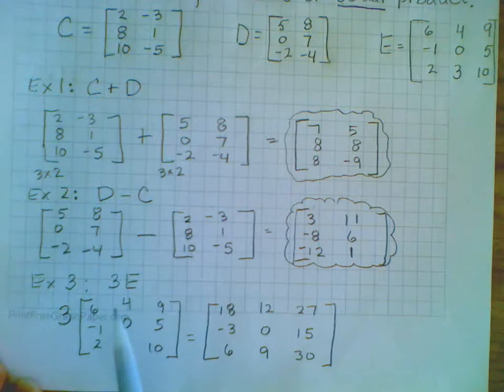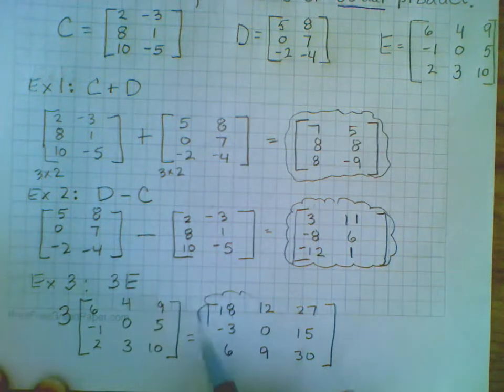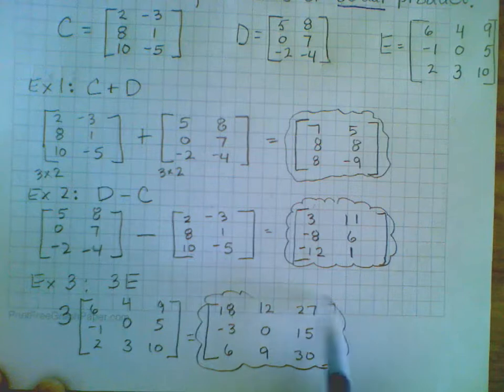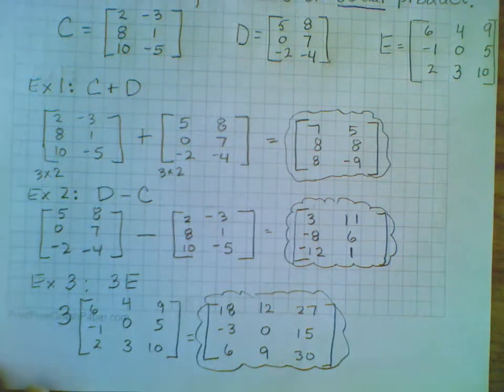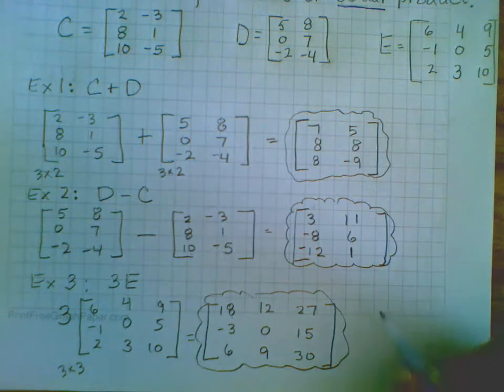So I just did 3 times 6 is 18, 3 times 4 is 12, 3 times 9 is 27, etc. And that gave me my answer matrix. So it really didn't matter what the dimensions were. On this one it was going to be a 3 by 3, but on scalar multiplication it doesn't matter. So let's do one last example.